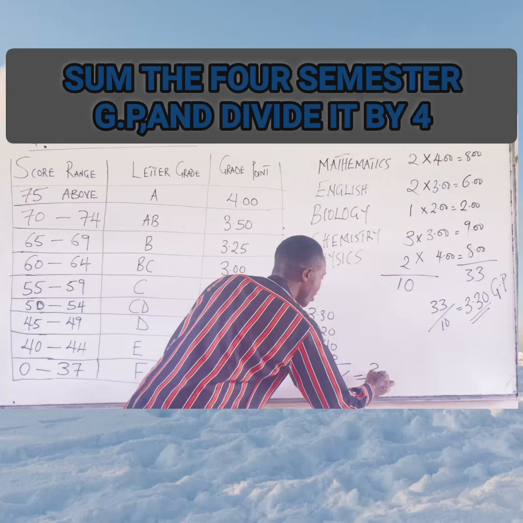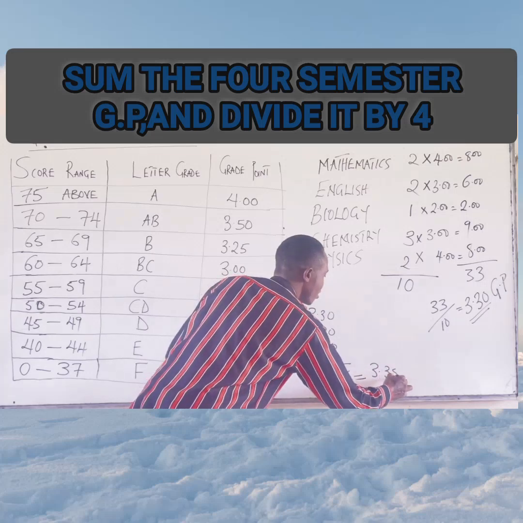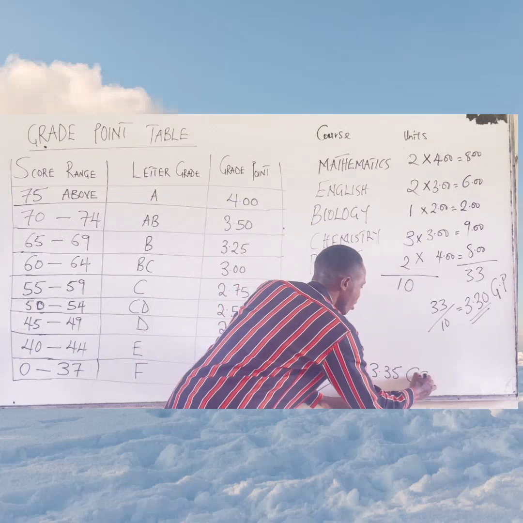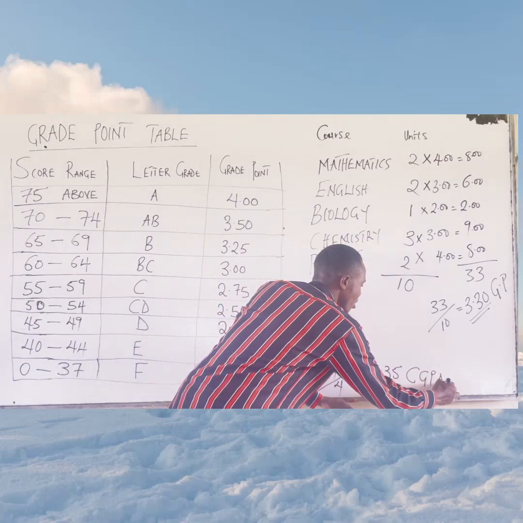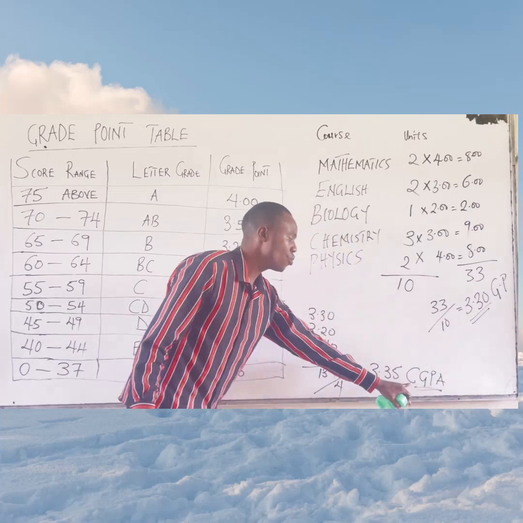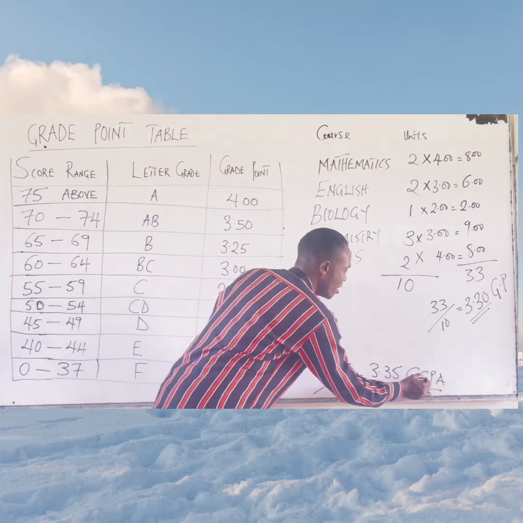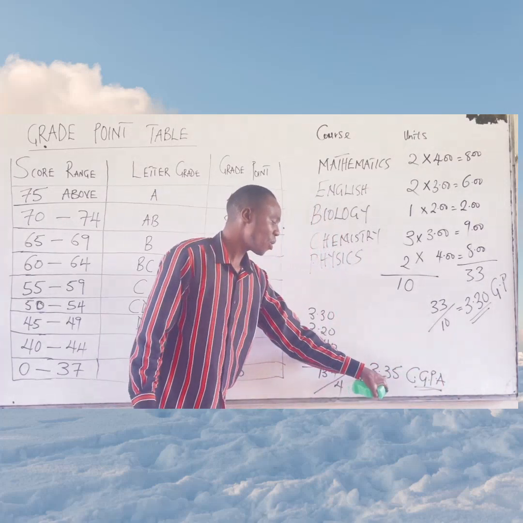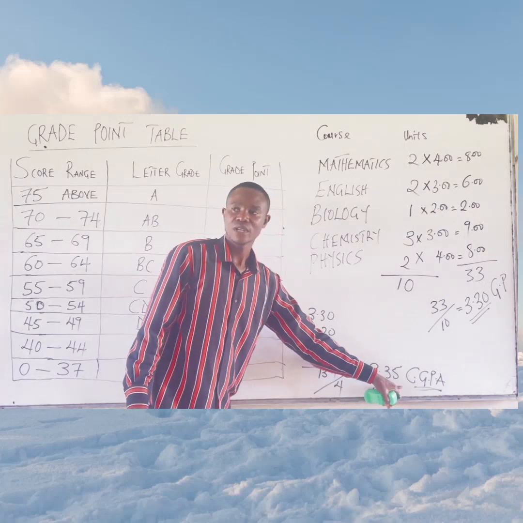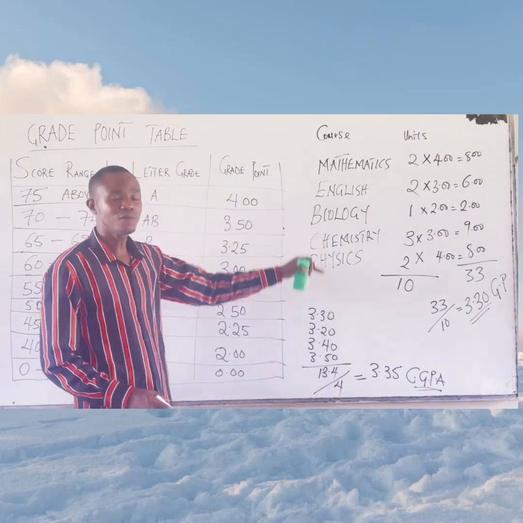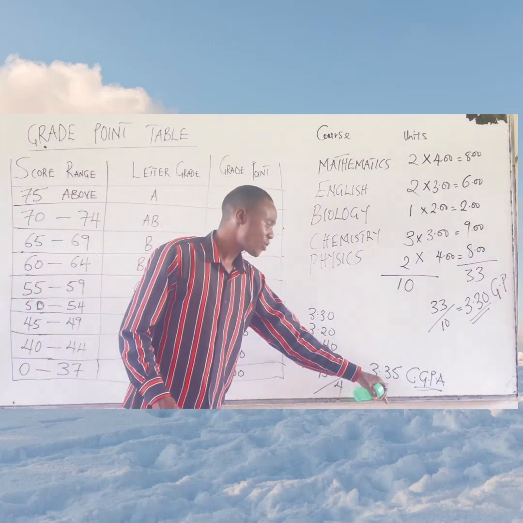That gives 3.35. This becomes your CGPA, which is known as cumulative grade point average. So you are leaving the school with a 3.35 CGPA. So for a student that obtained all of this, this will be your graduation GP.